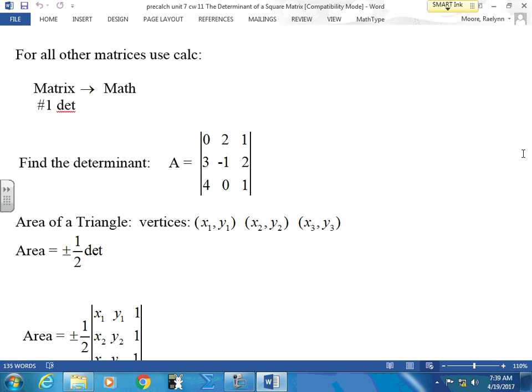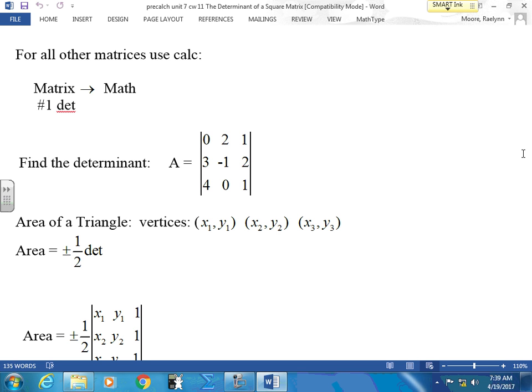Like sometimes on your tests, and sometimes in here we do, but I usually just let you use your calc. But sometimes you'll have that, and on your final, or your AP test, if you take the AP for calc, sometimes you'll have a calculator part, sometimes a non-calculator part. Same as like the SATs. They give you a calculator versus a non-calculator part.